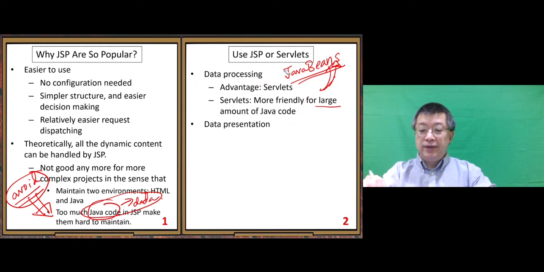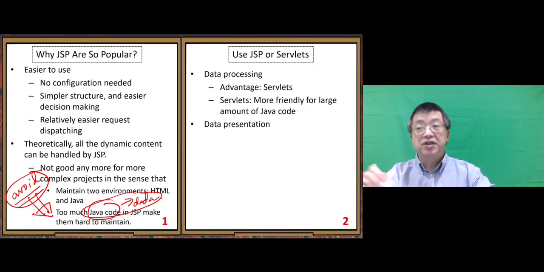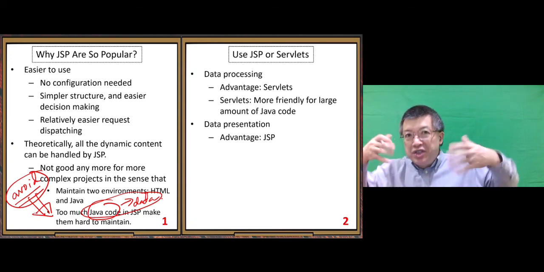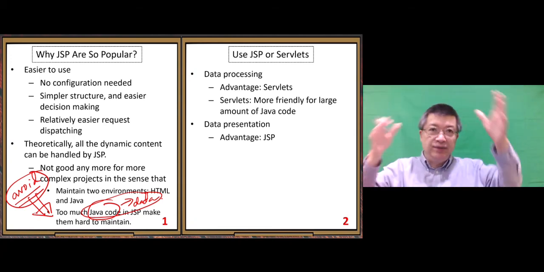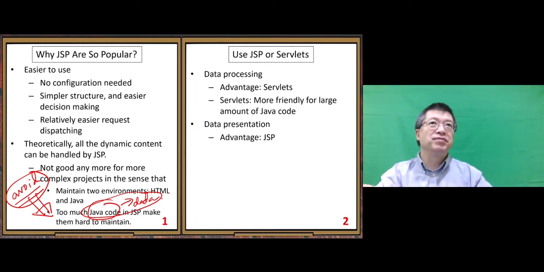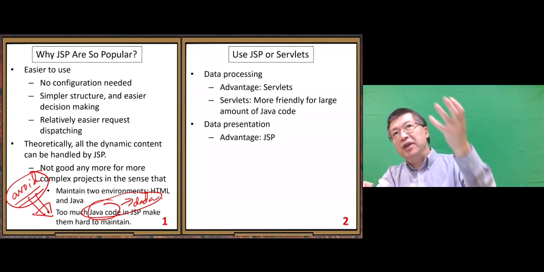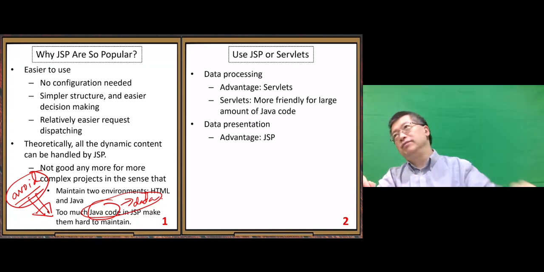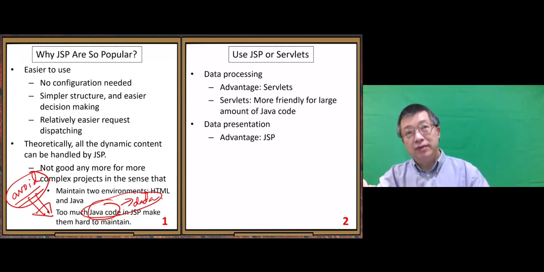Another task is data presentation. This time, the advantage goes to JSP. When you want to present your data in a nice format, JSP is the best, because JSP is designed to handle HTML static content well. So you use that property.